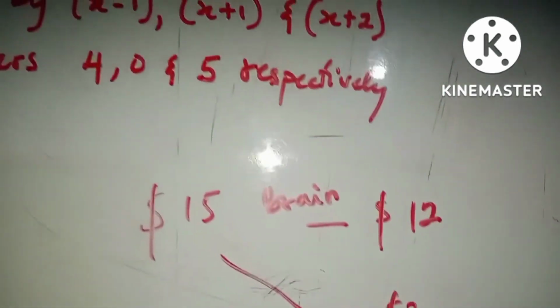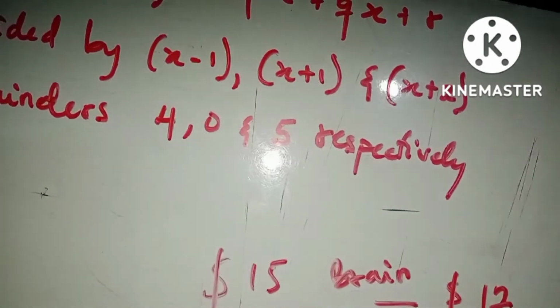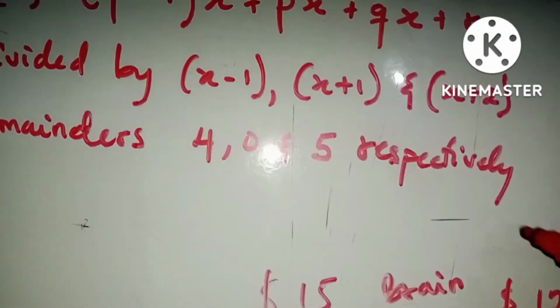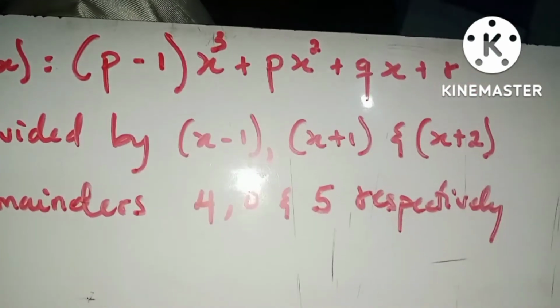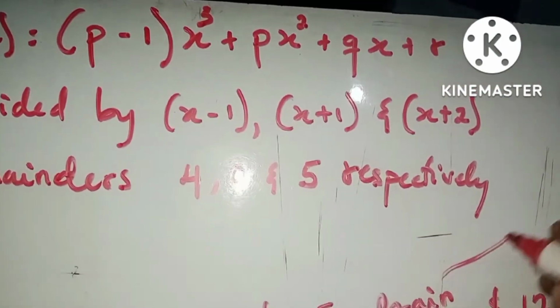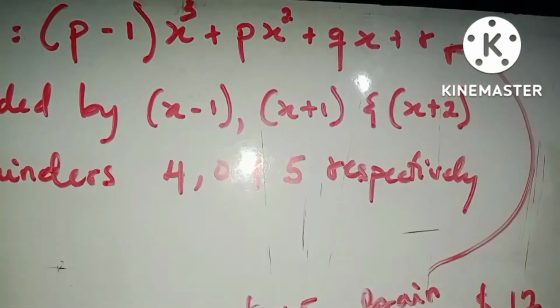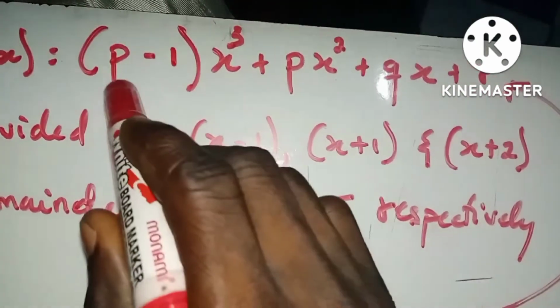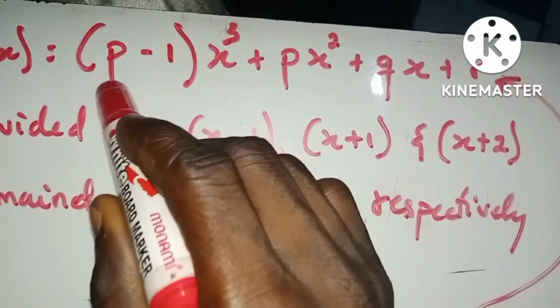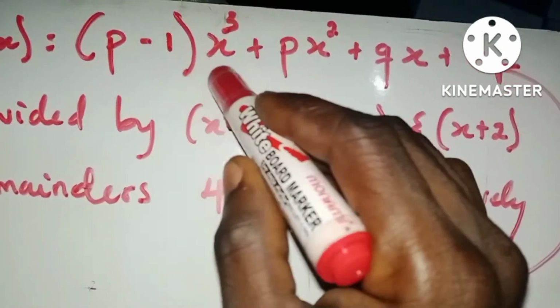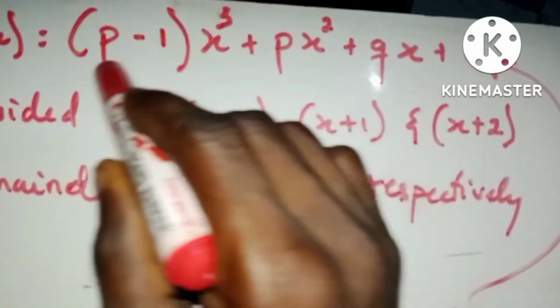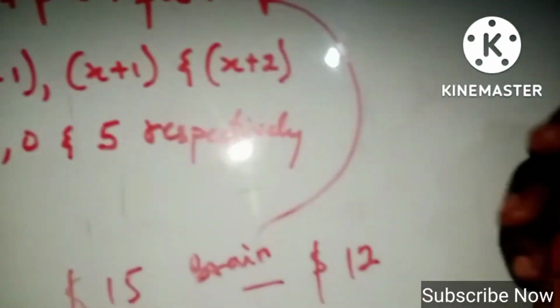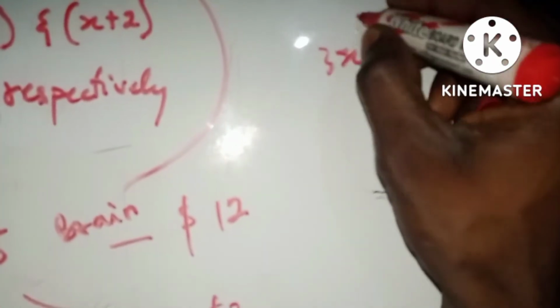So what will happen in a polynomial, or to redirect that idea into a polynomial function? What we are going to say is that the polynomial function here can be your brain, right? By the way, don't let this thing confuse you. You have (p minus 1) multiplied by x exponent; everything here can just be a number. This thing can just be, let's say, 3x exponent 3, right?